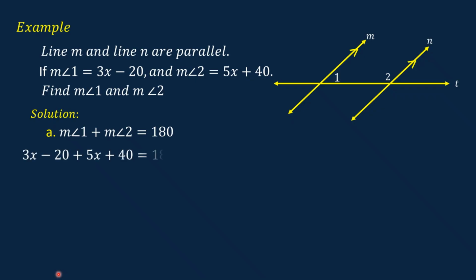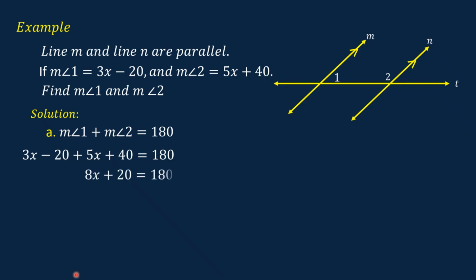So we have now 3x minus 20 plus 5x plus 40 is equal to 180. 3x plus 5x is equal to 8x. Negative 20 plus 40 is equal to positive 20.